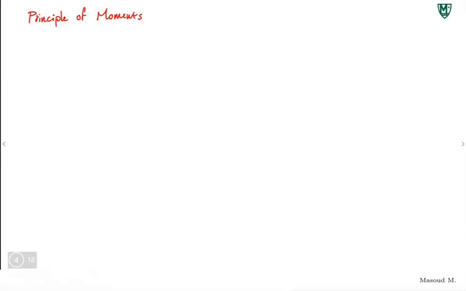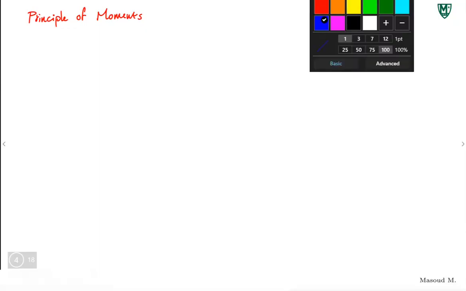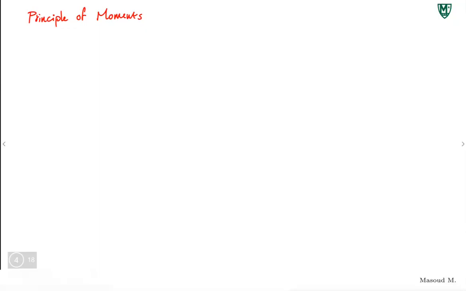So remember when we were finding the moment of a force, let's say I have this force right there, F. And I want to find the moment of that force about this point O. We said we find the line of action for that force.